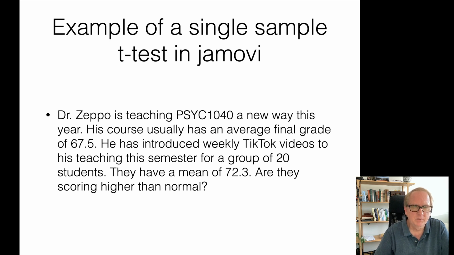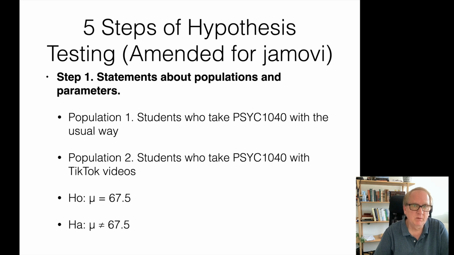So let's walk through the 5 steps of hypothesis testing, amended here for Jamovi. That is, I'm going to slightly change things because we don't have to work out everything by hand now if we're going to use Jamovi. For step 1, it is the same, where I can basically make statements again about populations and parameters. I can imagine that population 1 is just students who take Psych 1040 the usual way.